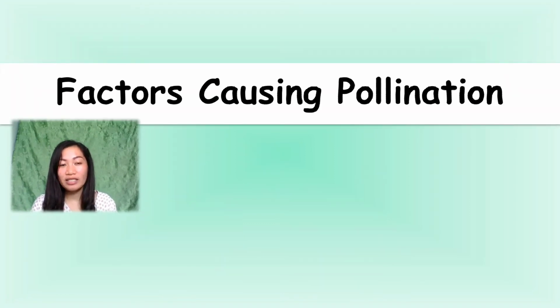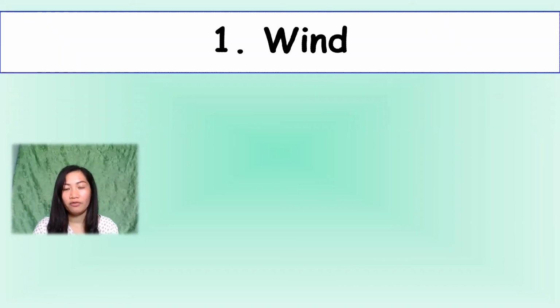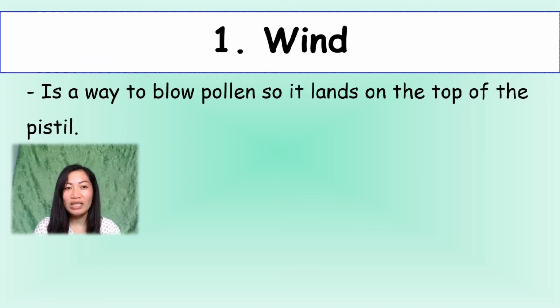Now, this time we will be talking about the factors causing pollination. First, we have the wind. Wind is a way to blow the pollen. It is when the pollen is blown away by the wind and it lands on the top of the pistil.